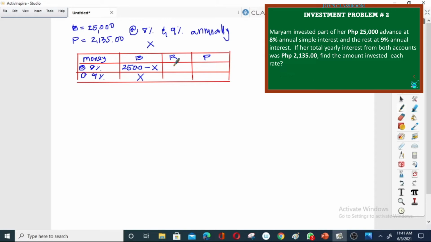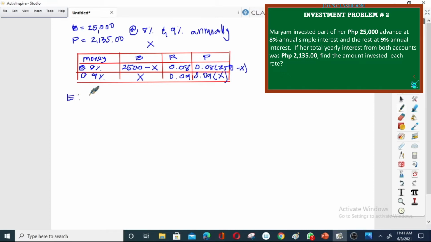Okay, so this is 0.08 and this is 0.09. So multiply 0.08 multiplied by 25,000 minus x, plus 0.09 multiplied by x, and then get the sum.